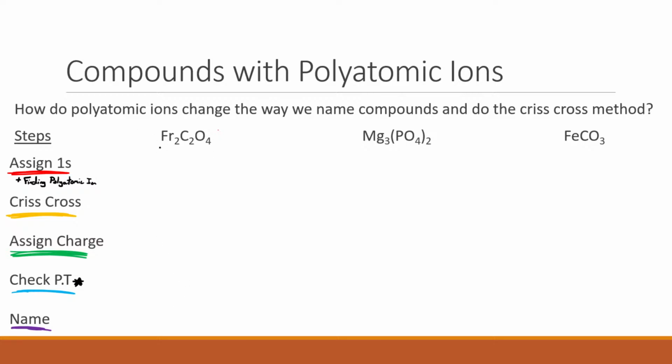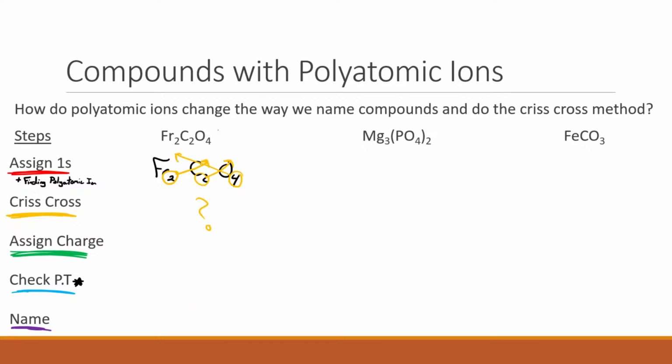Because if we just carried on with our crisscross method as we learned it, we would be given Fr2, C2O4, and have to crisscross this. And how do you crisscross 3 different things? You can't. There's no way for us to take one number and drag it across in any way that's fair.